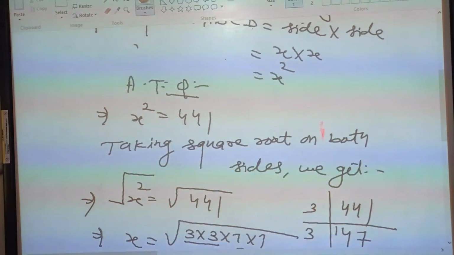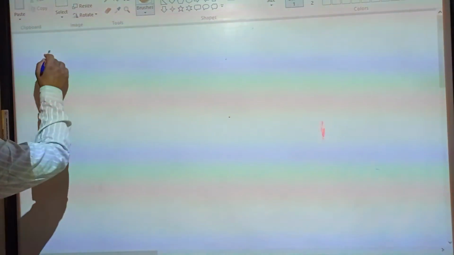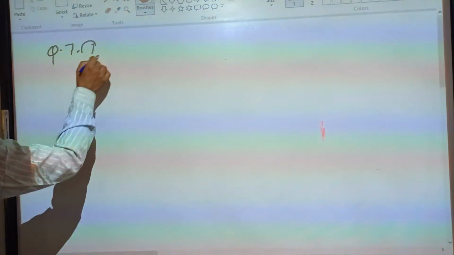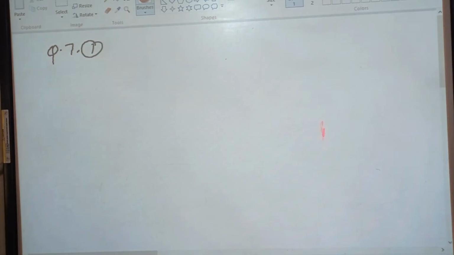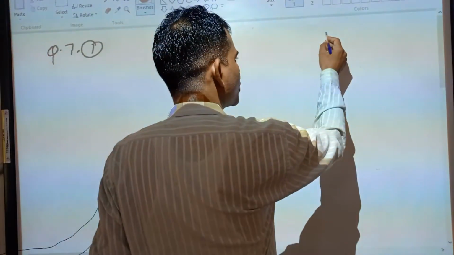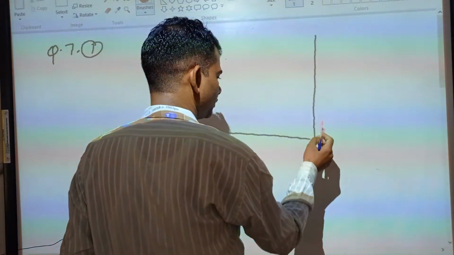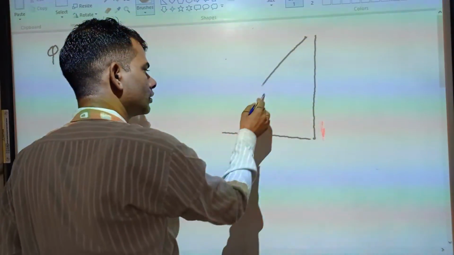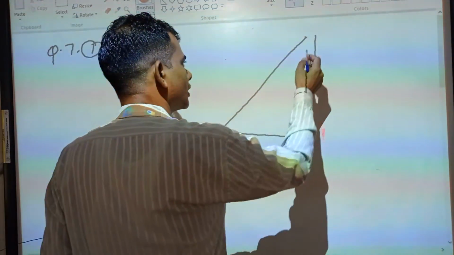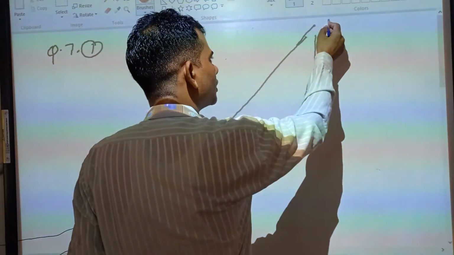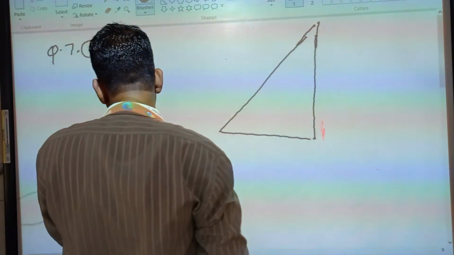Question number 7, first part. In right angle triangle ABC, angle B is 90 degree. This is your right angle triangle. Am I audible to you?